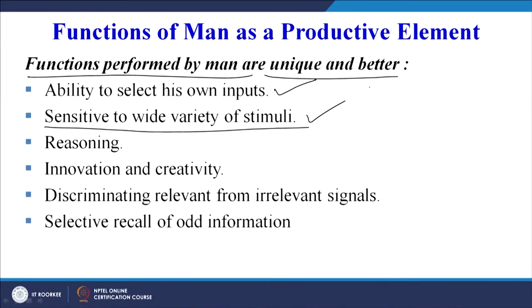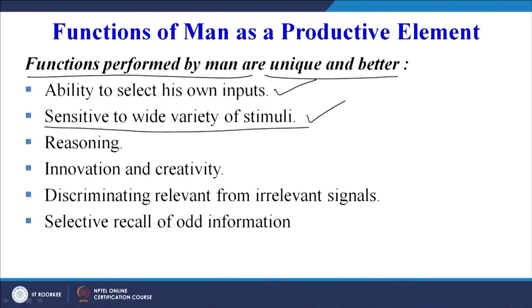Sensitive to a wide variety of stimuli. Now, a machine can also be made to react to different types of stimulus, but man has by nature different types of activation or stimuli which is ingrained because of the biological nature. So, maybe we are sensitive to heat, we are sensitive to extreme cold also, and our skin is sensitive to different types of variation, humidity also.